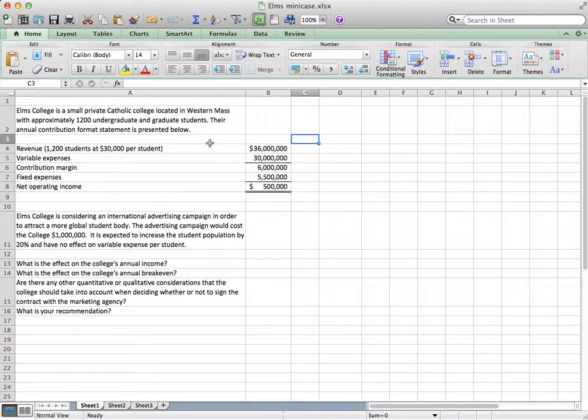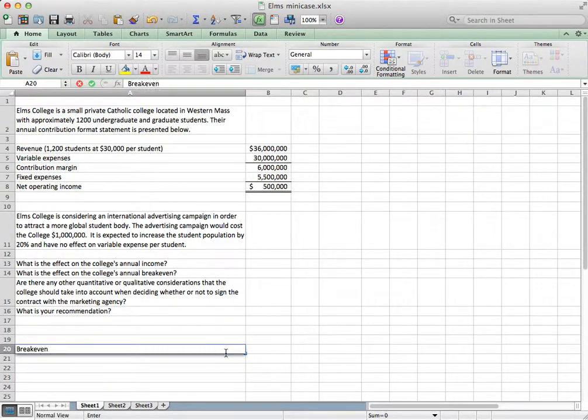Now in Chapter 3 in the book, there were a lot of formulas. I would say the one formula that you need to know, and the only formula that you really need to know to make the break-evens work, is simply to take the fixed costs and divide them by the unit contribution margin.